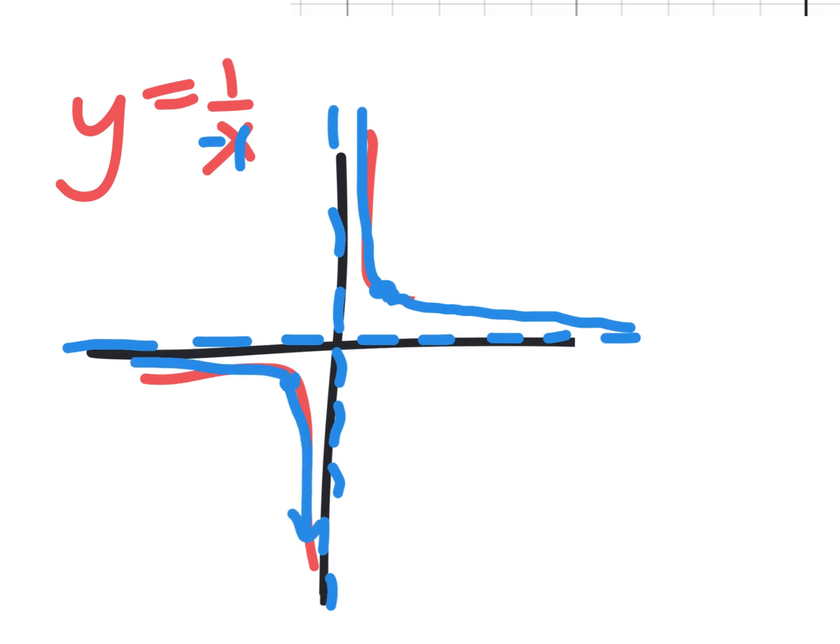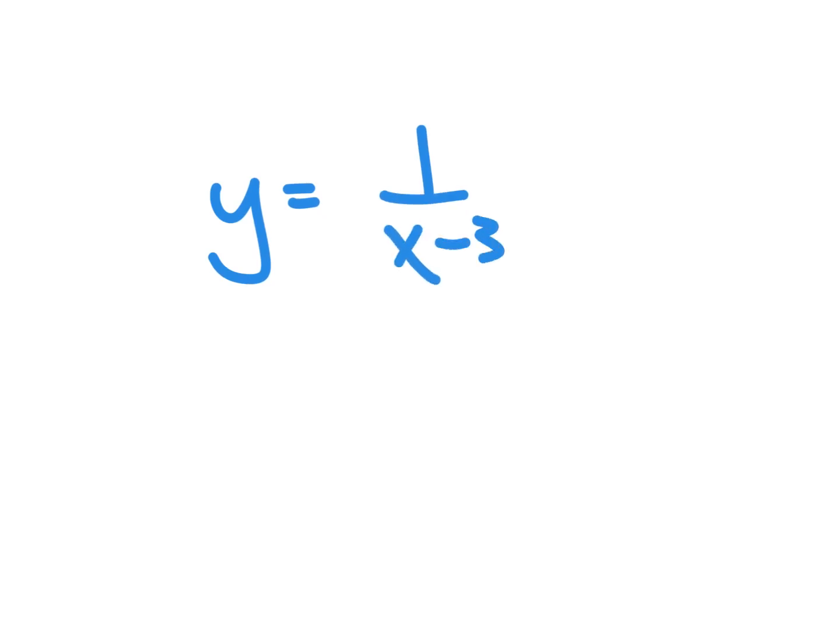All right, here's the next part. If I said this function just got moved, you need to remember back to when we learned this in the first semester, is that to the right 3 or the left 3? Hint, it's on the inside of the function.